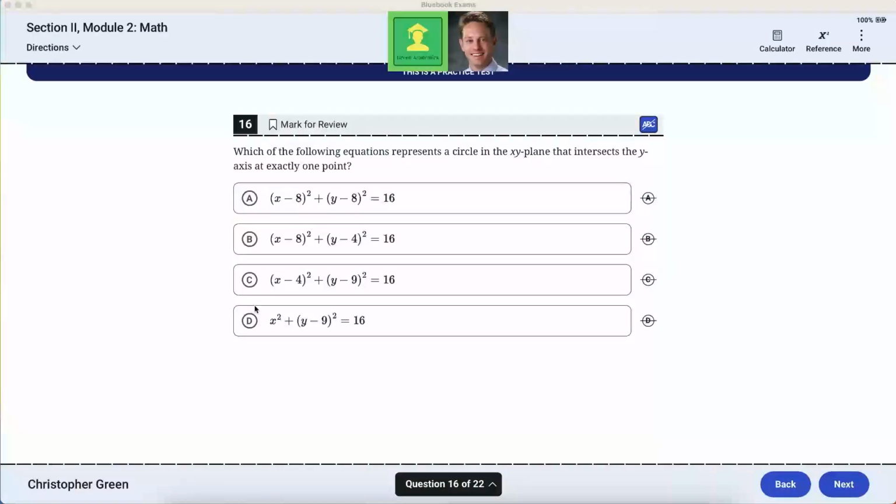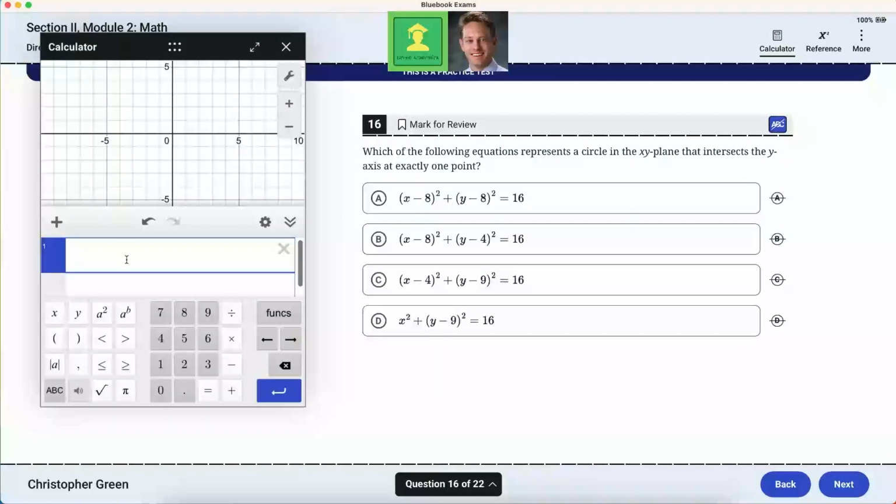Which of the following equations represents a circle in the xy plane that intersects the y-axis at exactly one point? Well, even if you weren't sure about the rules of circles in general, you could just graph these one at a time on Desmos. In fact, let's do that. Quantity x minus 8 squared plus quantity y minus 8 squared equals 16.